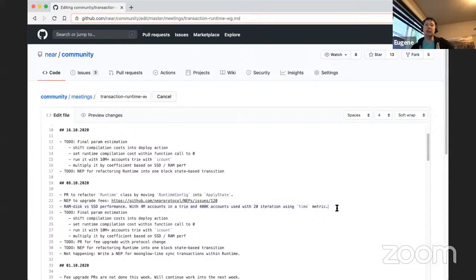RAM disk versus SSD. I still haven't gotten any results because I was hitting the performance issue with RocksDB and other issues. So it was either too slow or crashed at the end. Also, just with RocksDB, it will not be properly measured with the time metric.